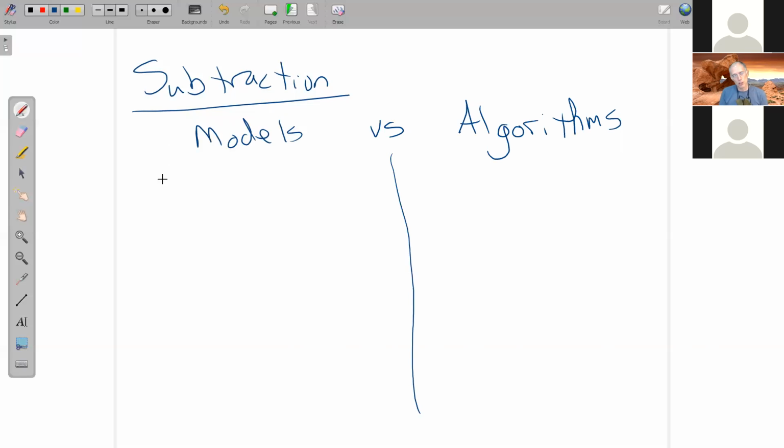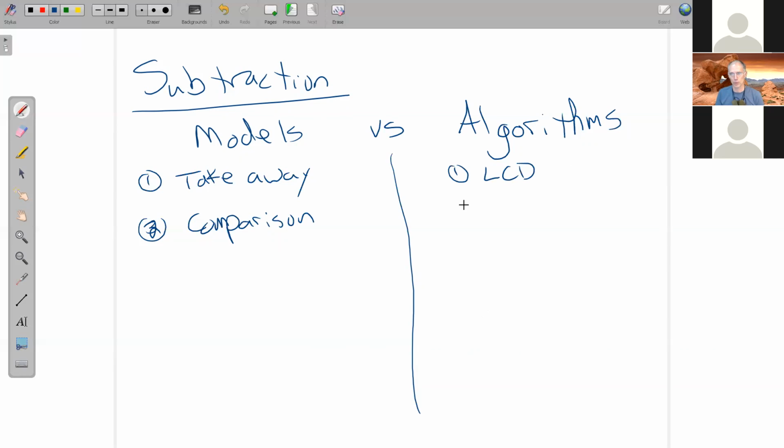As far as models for subtraction go, our main models are takeaway or comparison. Algorithms, not too much different than addition. We have the LCD algorithm and we have the arrow algorithm.